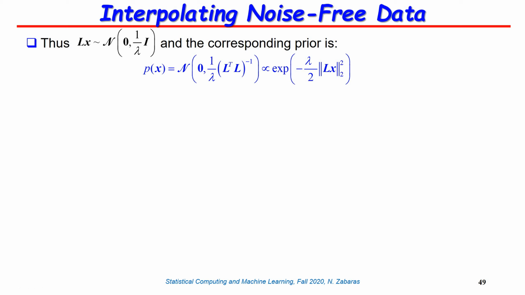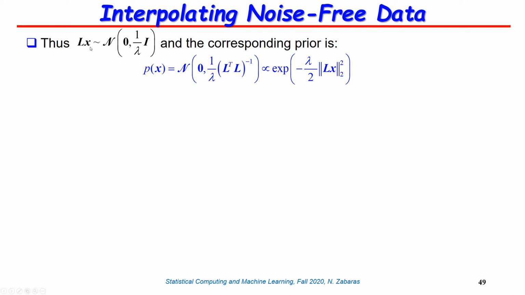Okay, so remember now that the noise that we assumed in our smoothing assumption was Gaussian, and so L times x, where x involves the values of the function at all points, is Gaussian with the precision lambda. I don't have to really tell you this, right?